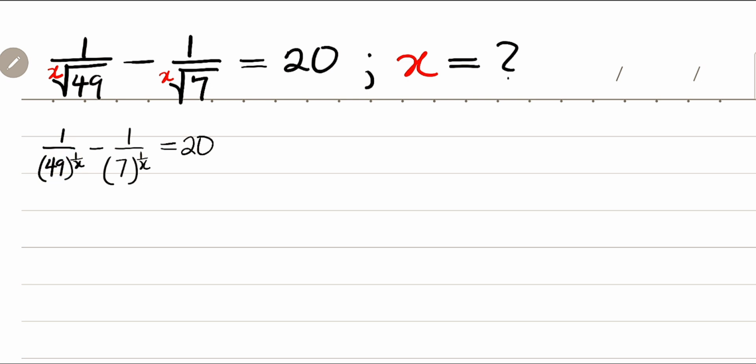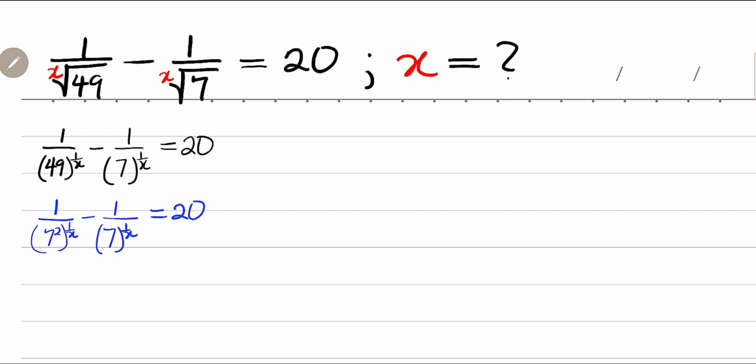49 here can be simplified to a base of 7. Here you have 1 over 7 raised to 2, all raised to 1 over x, then minus 1 over 7, all raised to 1 over x equals 20.